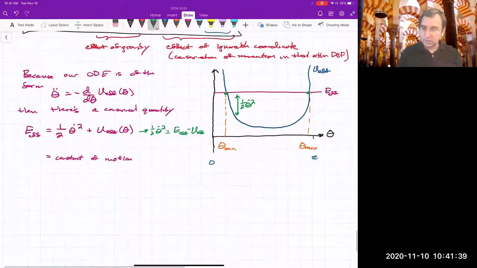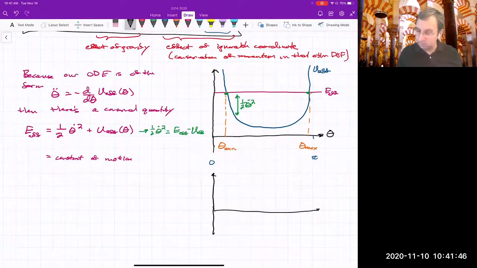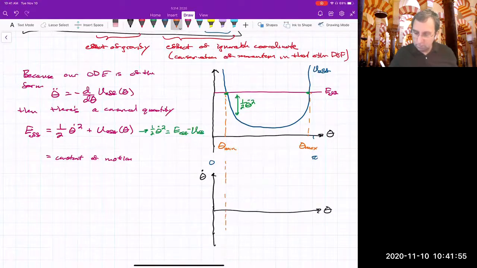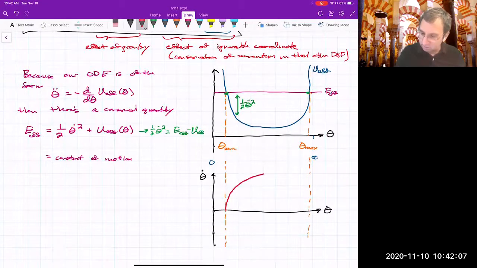So if we were to sketch down here what the phase portrait looks like, we could. Theta and theta dot. So we'd have our turning points, theta min and theta max. And the motion will look like a curve. It reaches its maximum, goes back down.